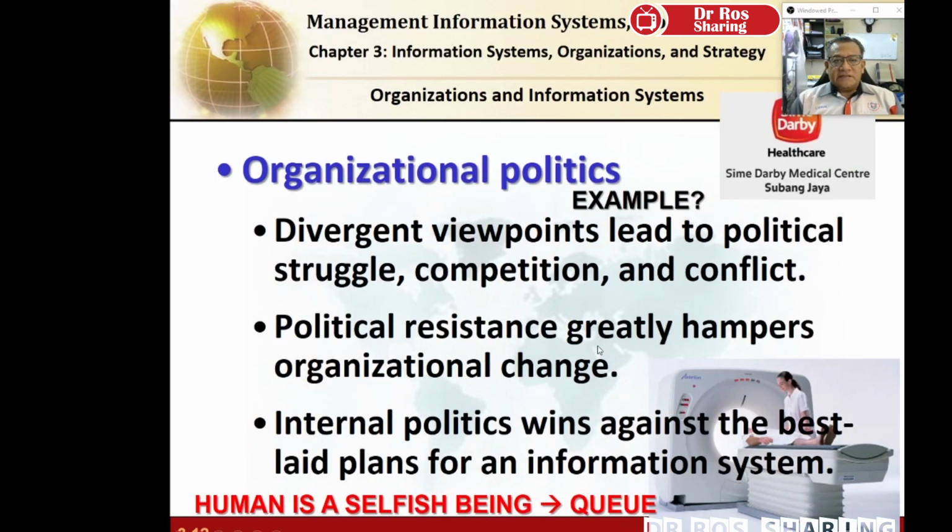Okay, this is basically the next topic under organizational politics. This is not politics in the general term. Basically, it is politics from the perspective of a company. We understand that people are made up of different backgrounds, different perspectives, different experiences, different expectations.